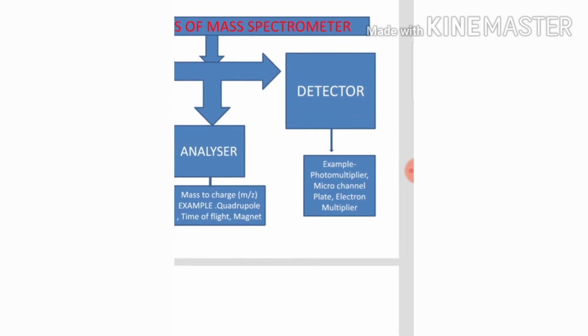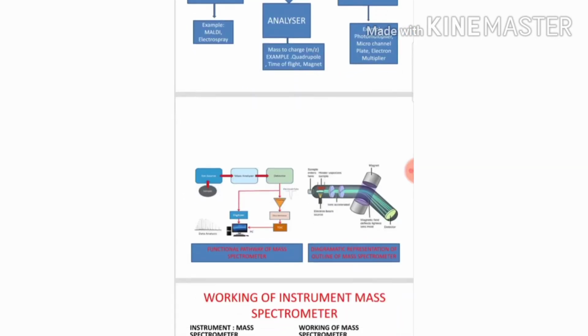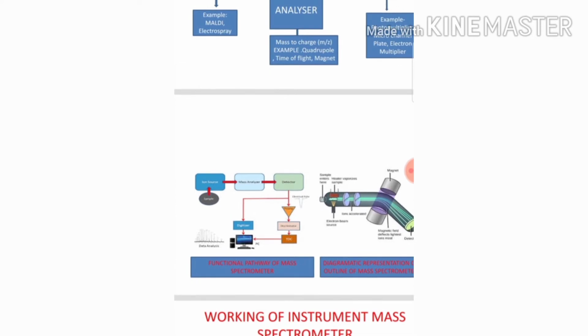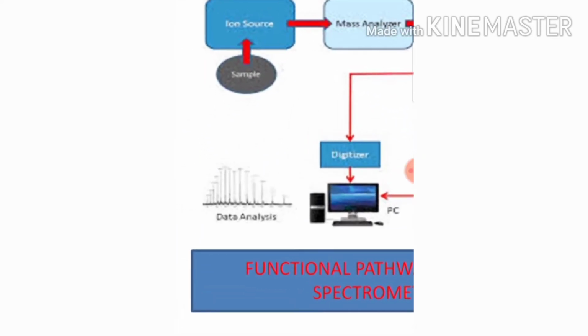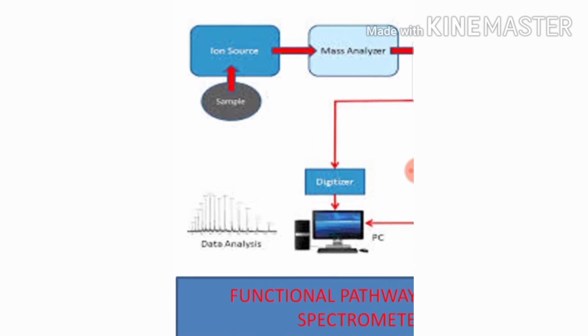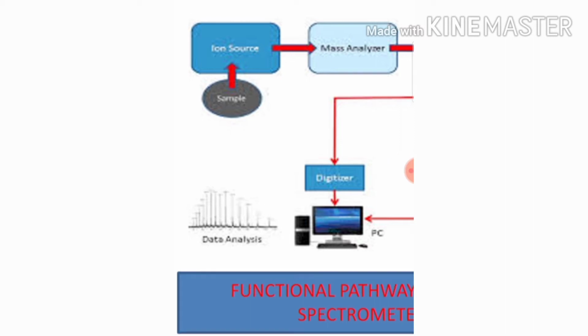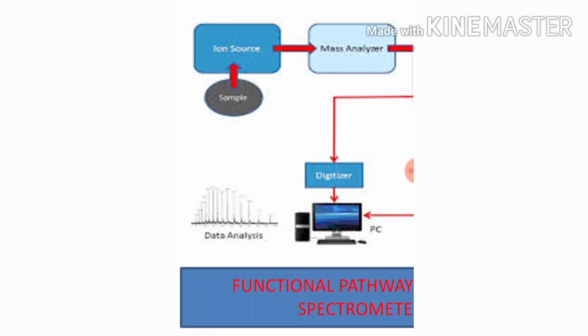Now if we see the next flow chart, we see the same thing. The ion source, in the presence of monochromatic light, through this we ionize the molecules; the laser beam is monochromatic in nature.